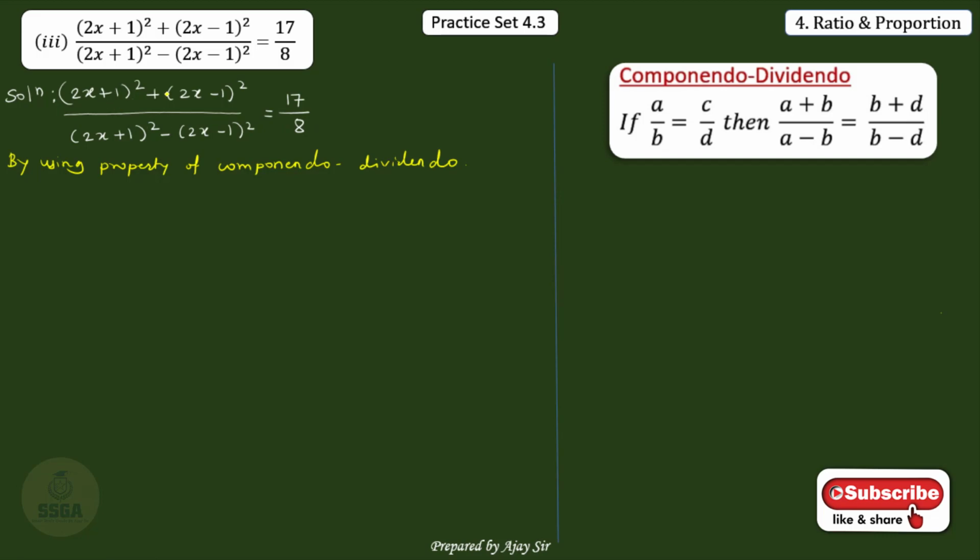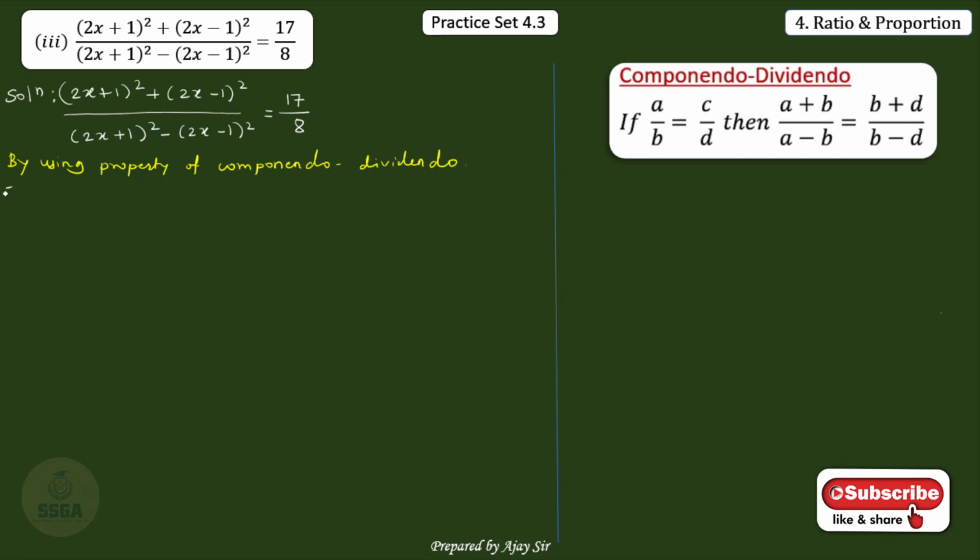We know that the numerator is a here and the denominator is b, which means a plus b divided by a minus b. So this is a and this is b, so we use this property here.